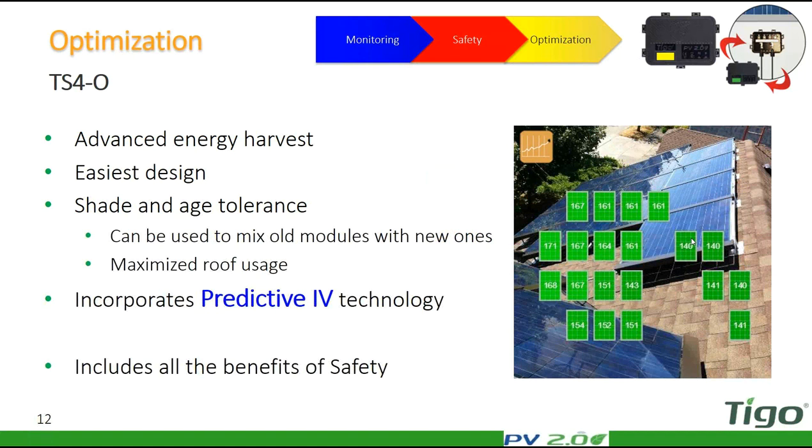Next functionality up, we have the optimization for increased energy harvest to ease your design, and that will be our main topic, which we'll start talking about in just a couple of minutes. It gives us shade and age tolerance. It gives us the ability to deal with complex roofs, as you can see on the right hand side.